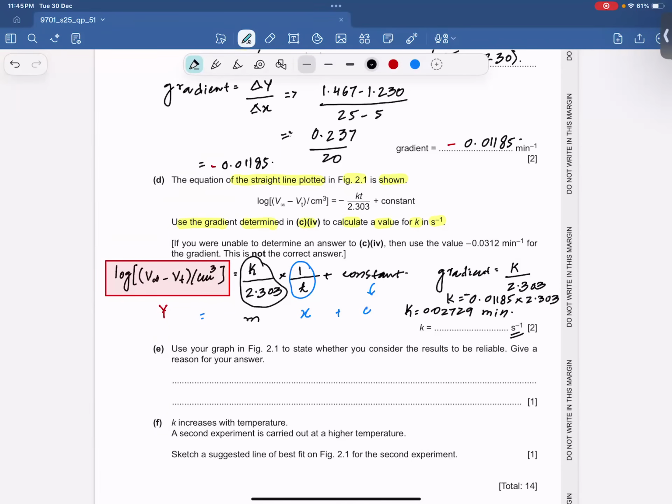I need the rate constant value in seconds, so I need to divide by 1000. Oh, sorry, divide by 60. 0.02729 divided by 60, it's going to be 4.54.